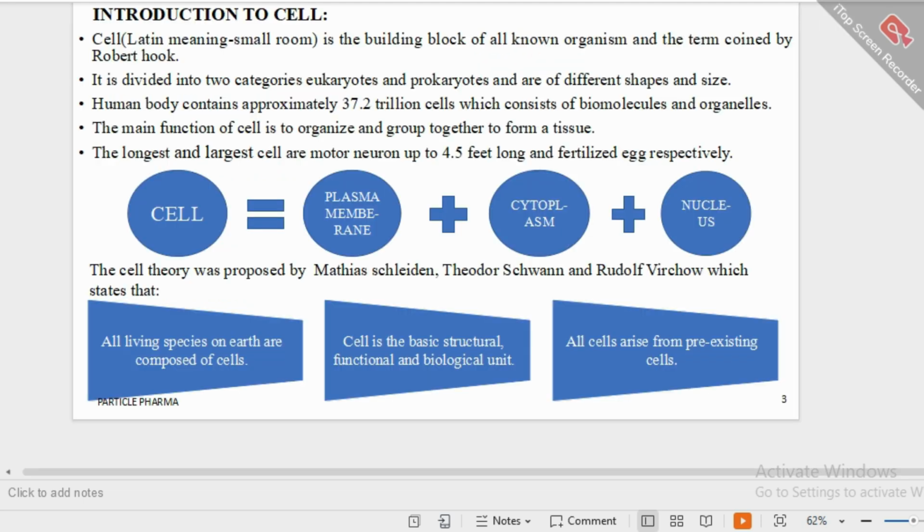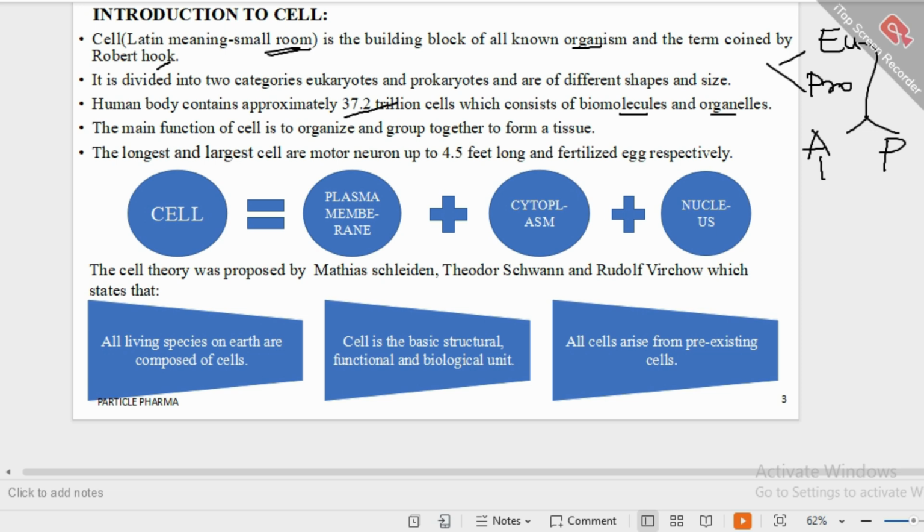Cell is the building block of all known organisms. The term is Latin, meaning small room, and it was coined by Robert Hooke. Cells are of two types, eukaryotic cell and prokaryotic cell. Eukaryotic cell again is of two types, animal cell and plant cell. The animal body consists of 37.2 trillion cells, which consist of biomolecules and organelles.